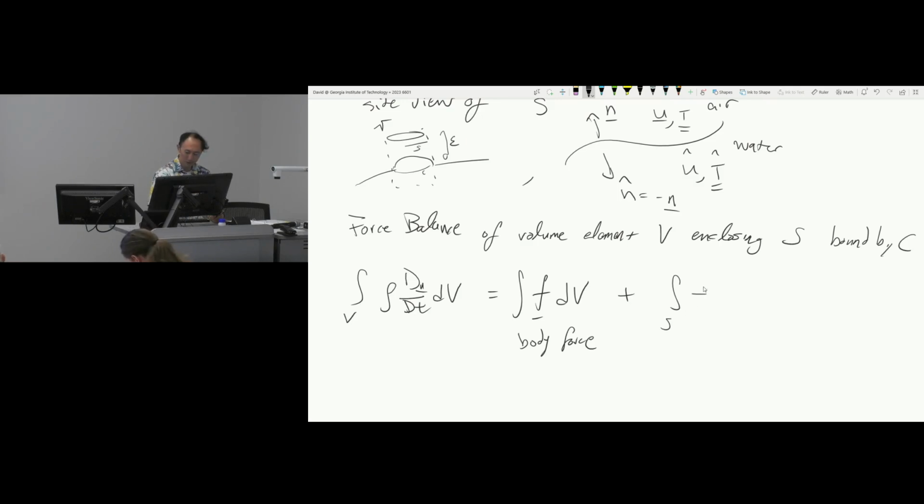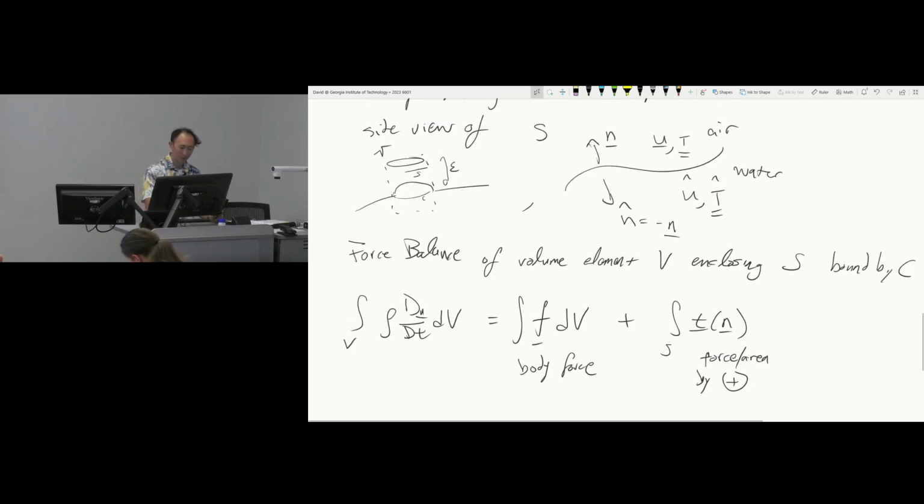All right, then we'll use the same notation that we had last time when we derived the Cauchy momentum equation. The force per area generated by the top side. So we'll call this air, which is the plus side, and water, which is the minus side.